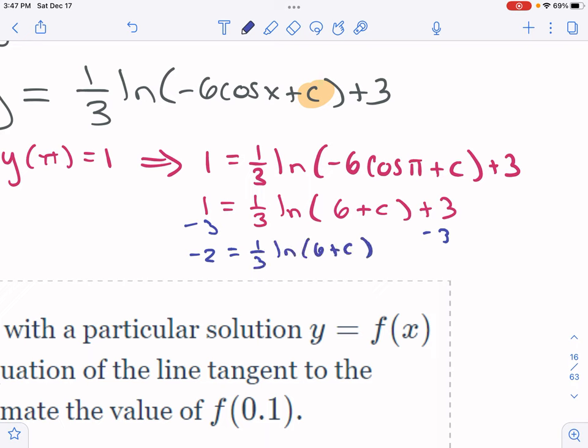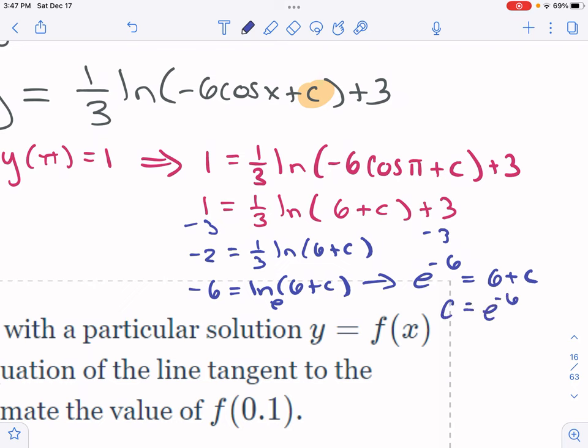Just to get back to the c, multiplied by 3, you get negative 6 is equal to ln of 6 plus c. And now e to the negative 6 is equal to 6 plus c. So that c is equal to e to the negative 6 minus 6.